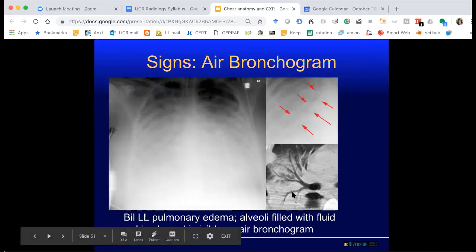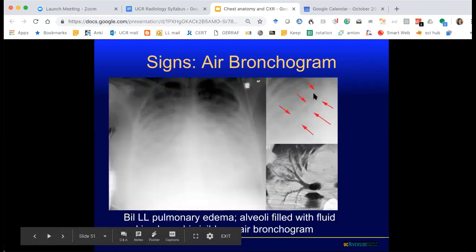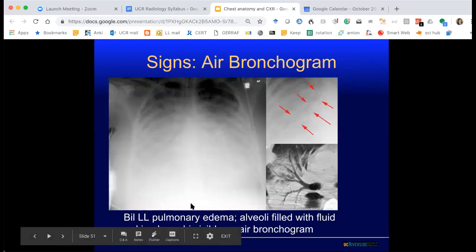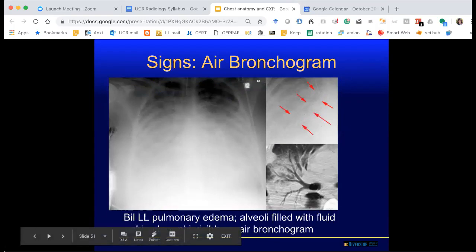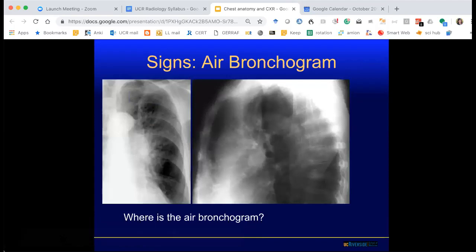So it brings out the bronchial anatomy that we normally cannot see because it's normally surrounded by normal air. So this is called air bronchograms. If you see the airways, and you normally should not, we think about an infiltrate. And the infiltrate could be blood, pus, water. It could be a host of things that are filling the alveolar airspace. And so that's called air bronchogram.